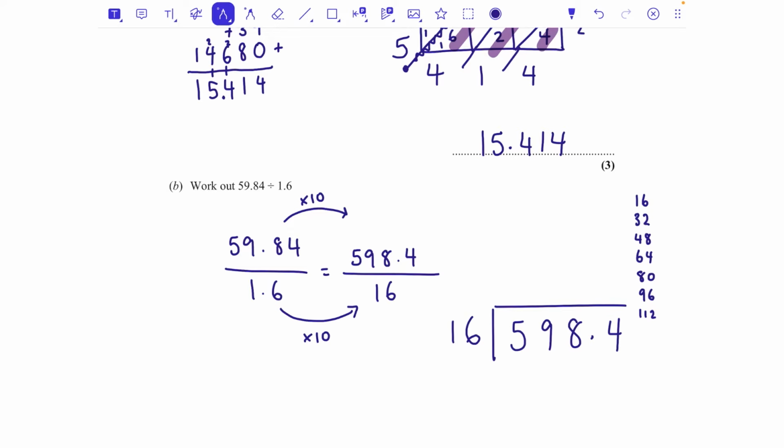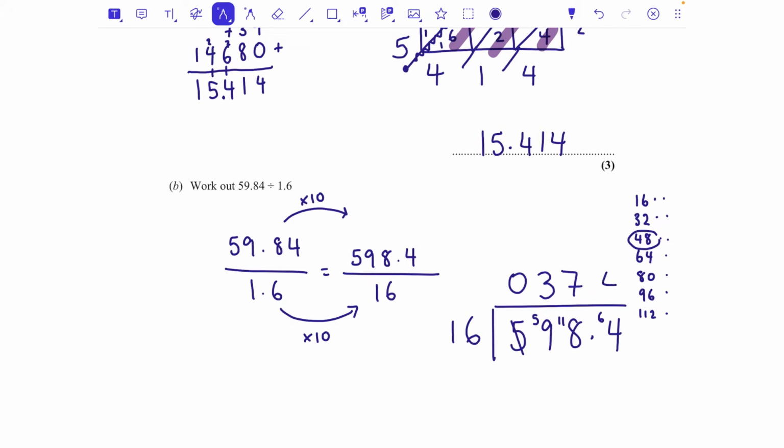Okay, 16 going into 5 doesn't go. 16 into 59, we can see we can fit 3 in. And we've got 11 left over, because I've got to 48 and I've got 59 to use up. So 11 left over means 118, and we can see 1, 2, 3, 4, 5, 6, 7 would fit into that, with 6 left over, and 16 into 64 is 4.